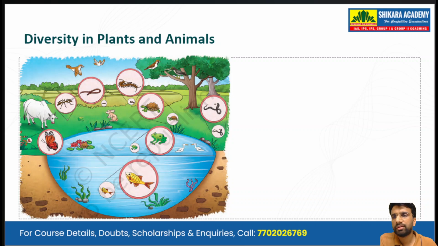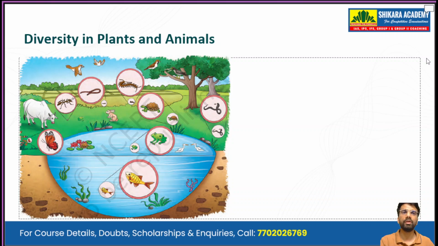After discussing the diversity in plants based on their stem, on their venation, on their root system, and the number of cotyledons they have, we now shift our focus to diversity in animals. Some animals live on land, while some others live on trees. The animals that live on trees are known as arboreal.